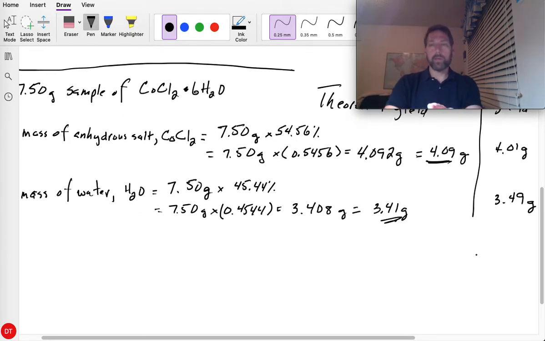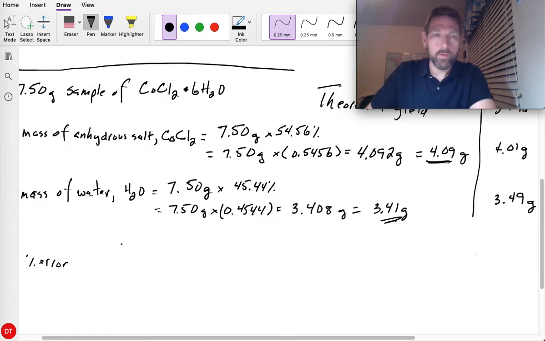But now this becomes a basic Chem 1 problem where you just use the percent error to figure out how much error you have. Remember that the percent error is the same for all the reactions, but let's do this one at a time. Percent error of the cobalt chloride yield.